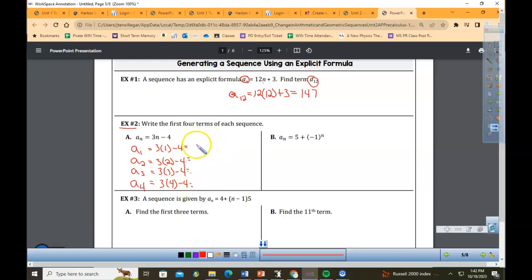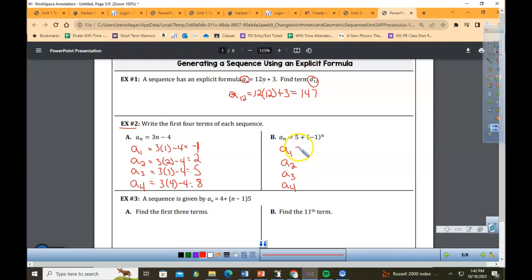The terms are -1, 2, 5, 8. It went up by 3 each time. That's my slope. Alright, what about this beast? This one's a little bit different. So I find a1, a2, a3, a4.